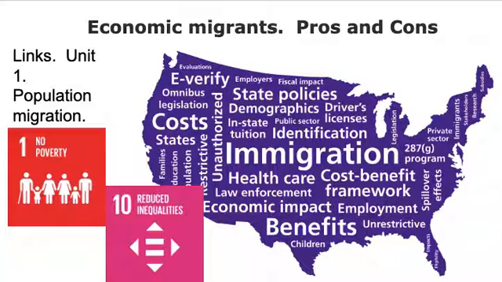So you can see, as a result of this balance between pros and cons, politicians do try to use this to their advantage, and a lot of systems and institutions and laws have been introduced that try to regulate the movement of economic migrants.